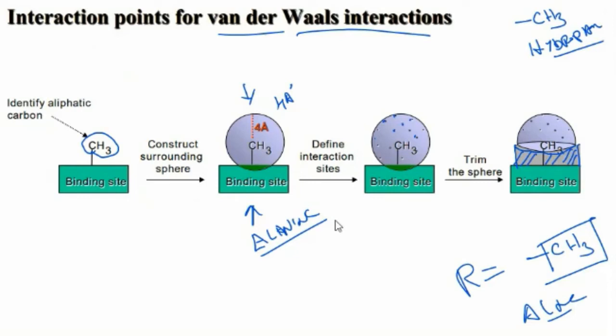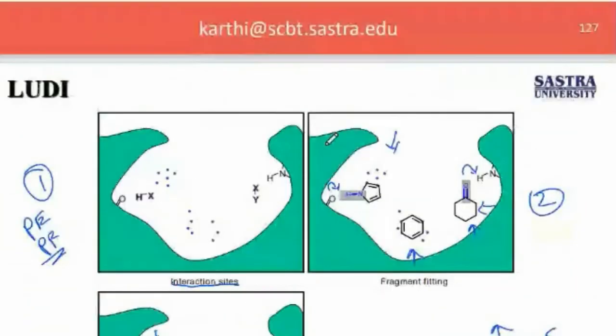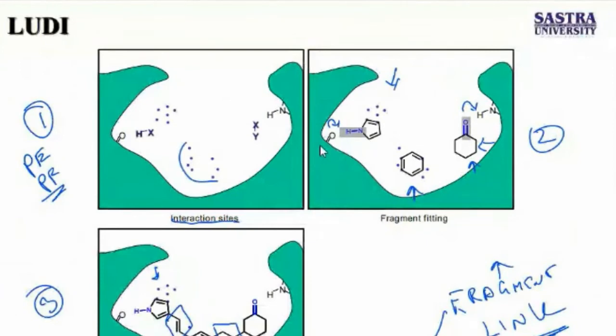Now the understanding is that there is a methyl group in the binding site. If your ligand is present anywhere in this range with a hydrophobic characteristic, then it can participate in hydrophobic interaction with the methyl group. That is how they map the interaction site for the hydrophobic or van der Waals region.